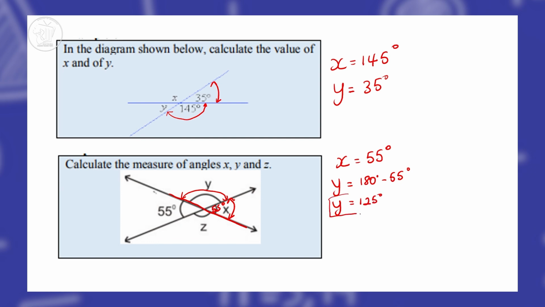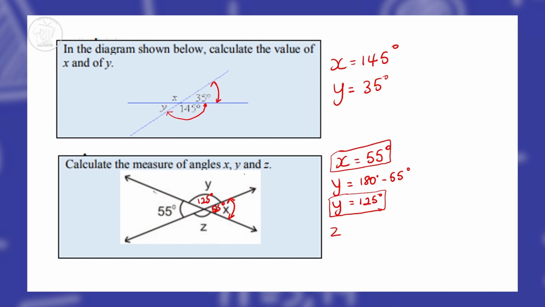So angle Y is equal to 125 degrees. So you can put that in here.